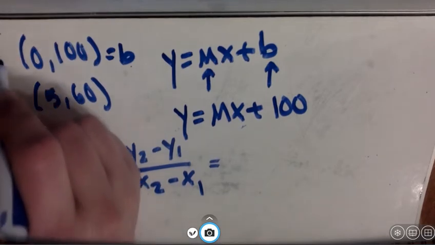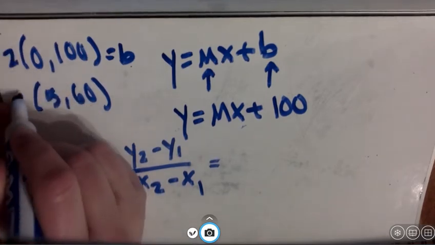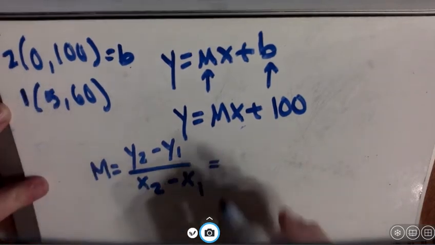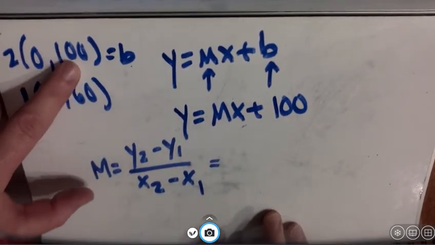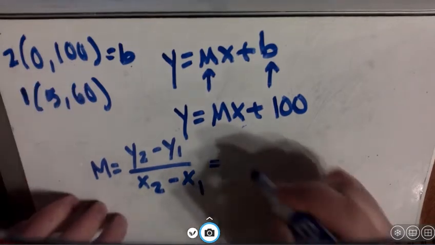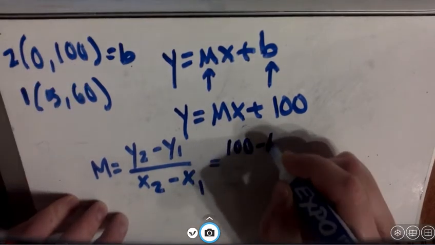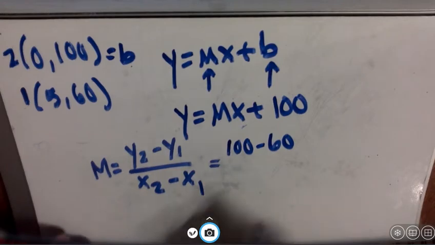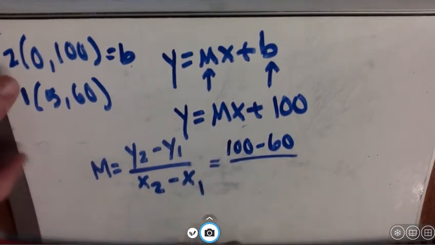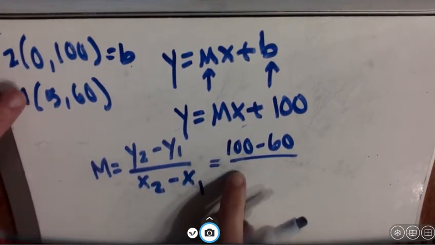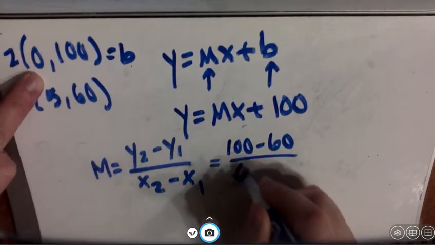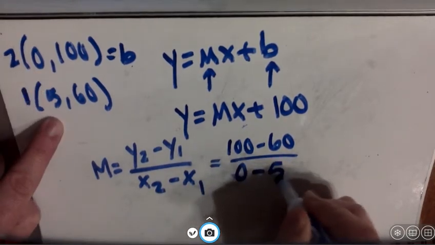So I'm going to say this is my second point and this is my first point, just because I really like that I could potentially subtract 60 from 100, so it would look like 100 minus 60. I like that. It's just easier to fit in my brain. And if this 100 is here, that means the corresponding x value needs to be 0 minus 5.